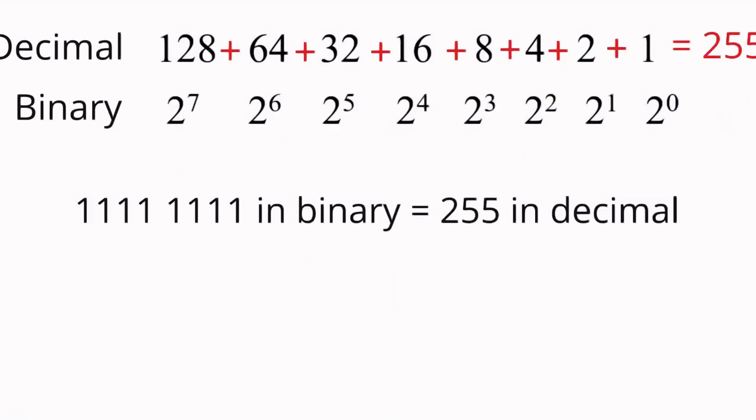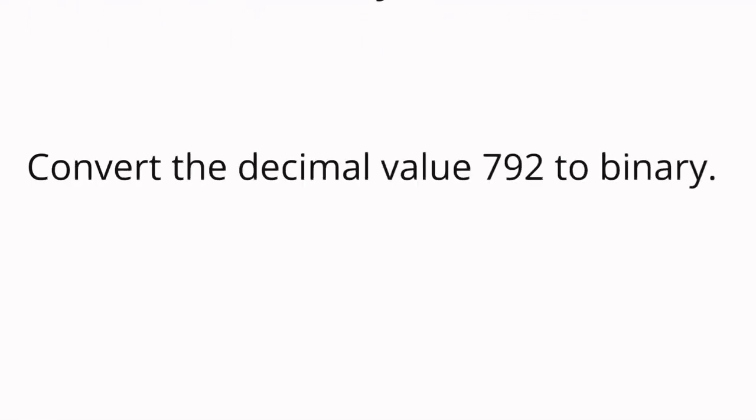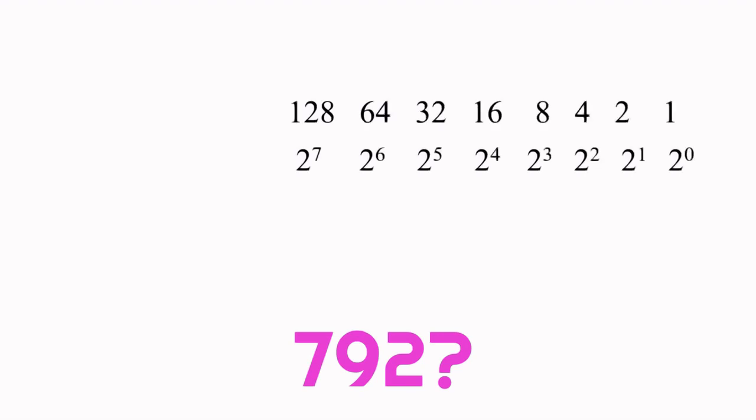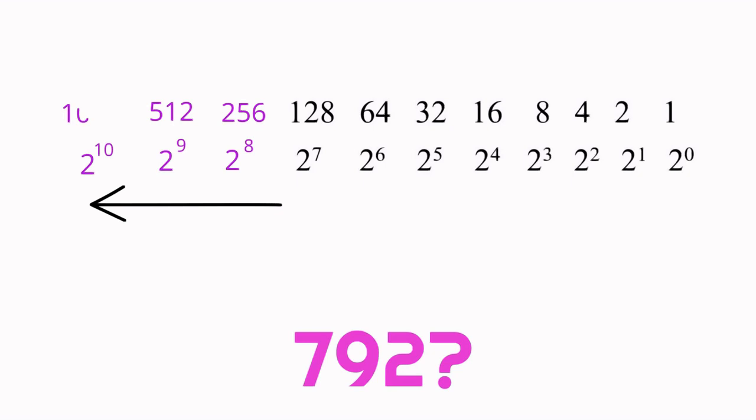So let's say we were given a large number, like 792 for example. We will add zeros or ones to the left of the current place, which is 2 to the 7. So if we add 2 to the 8, which equals 256 in decimal, and 2 to the 9, which equals 512 in decimal, we should have added enough places to calculate the result.